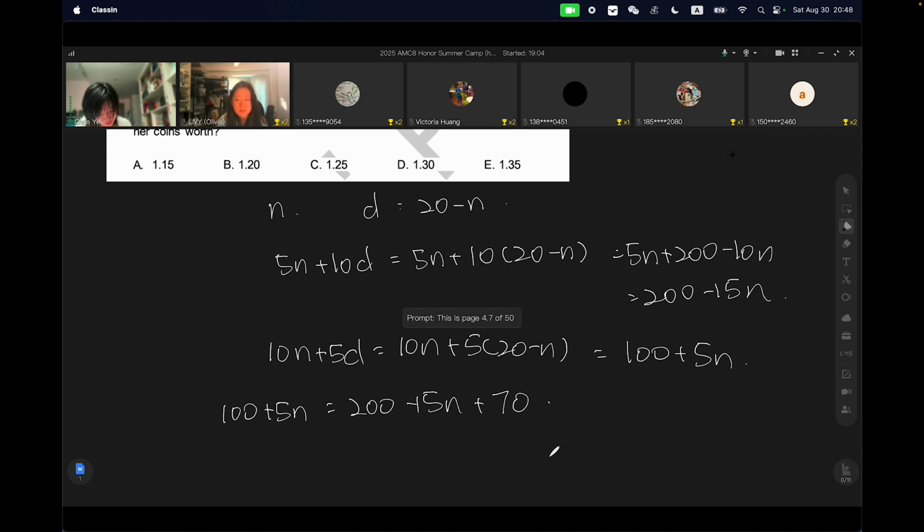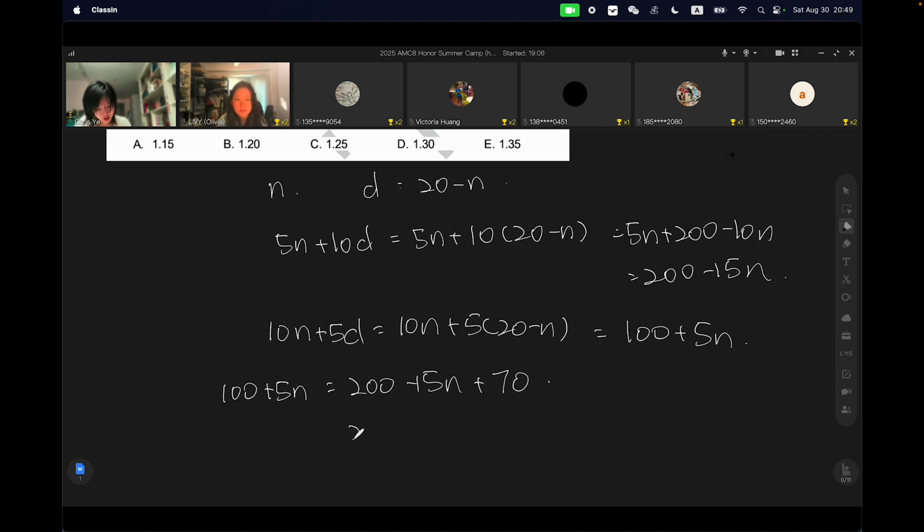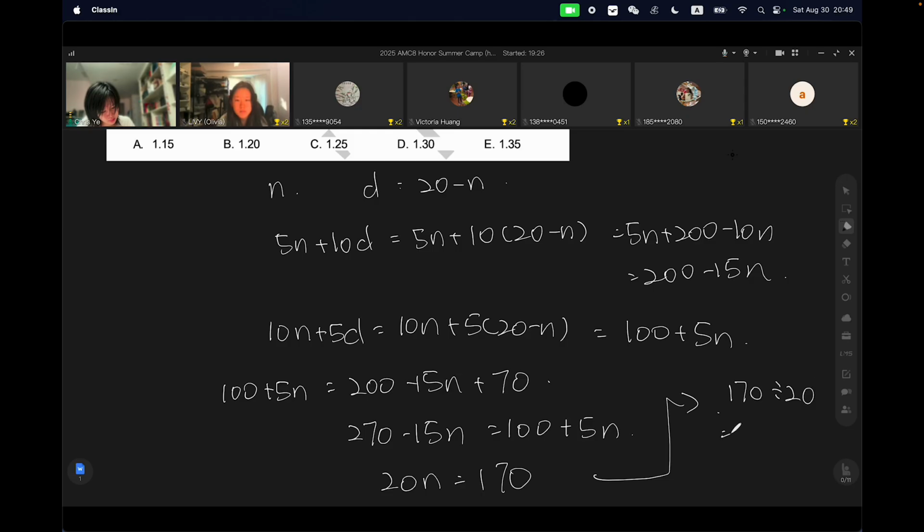So therefore, 270 minus 15n is the same as 100 plus 5n, and 20n would be the same as 170. So therefore, 170 divided by 20 is, I believe, 8.5.